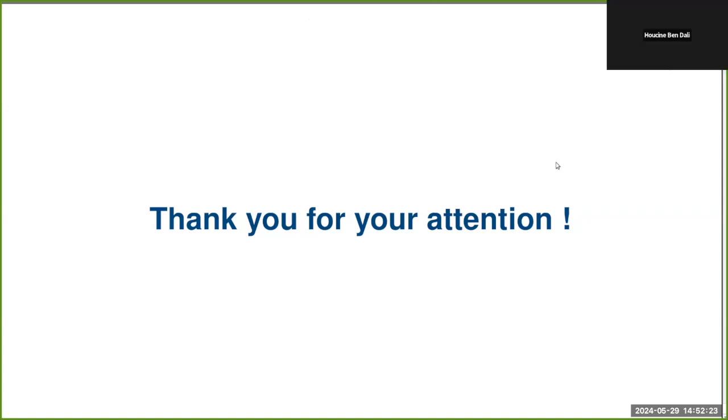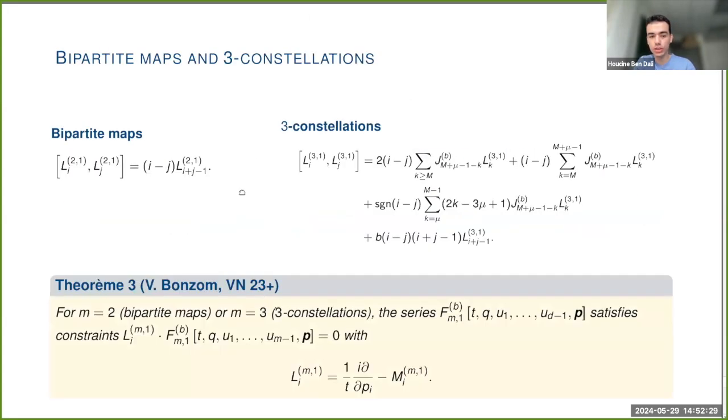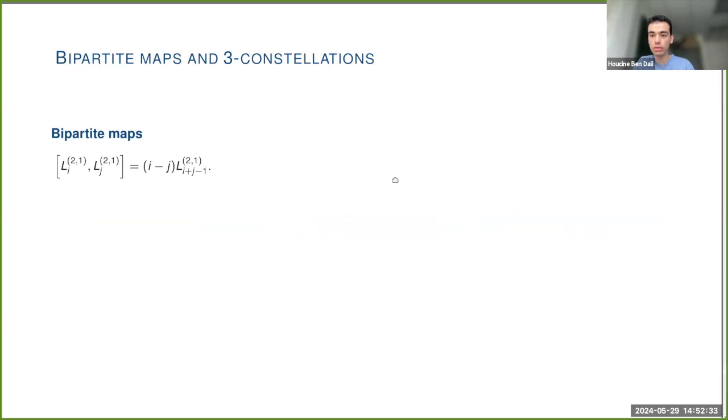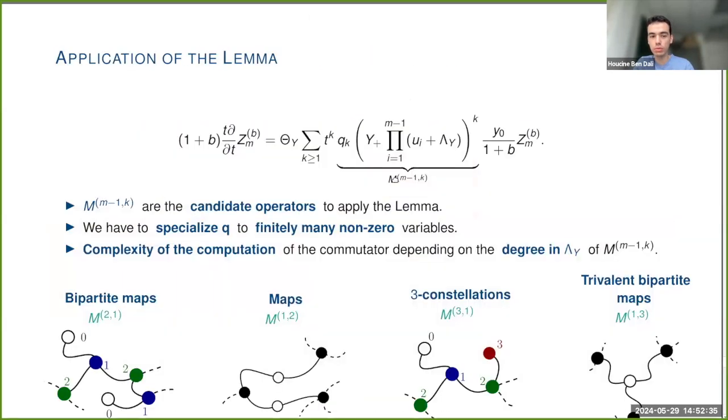Go ahead. Right. So the operators L which appear in the constraints, they are indexed by 3 integers, right? So there is M, which is the number of colors of the maps, whether it's bipartite maps or constellations. And then K is the degree of the vertex we are adding, or is it something else? Yes, K corresponds to the size of the vertex you're adding. Absolutely.